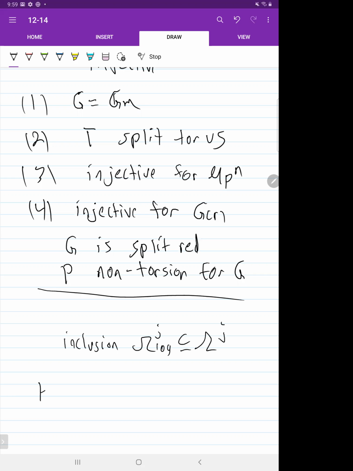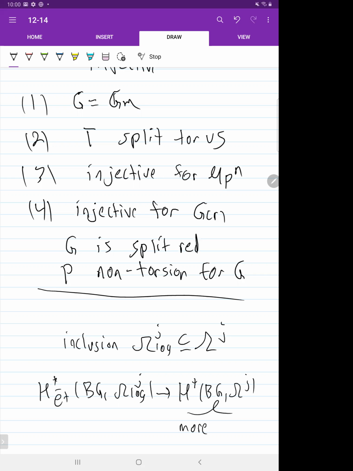So you can go from étale motivic cohomology, let's do W_1, to Hodge cohomology, which is something that's more computable, at least for split reductive groups. But yeah, I don't know how to calculate full examples of étale motivic cohomology.